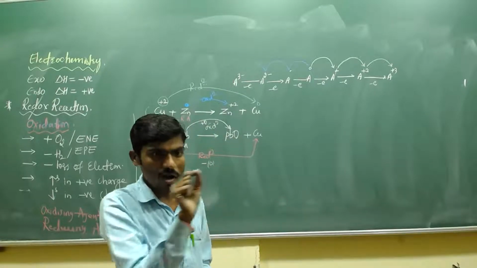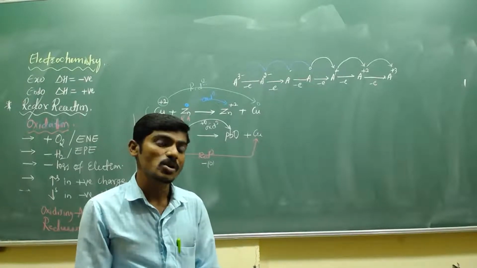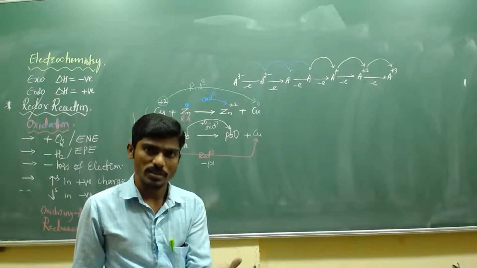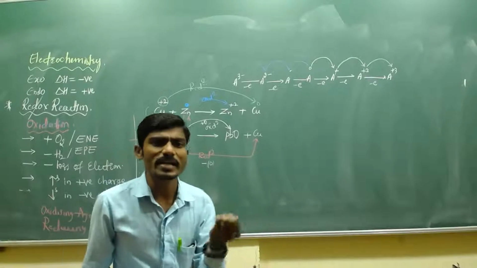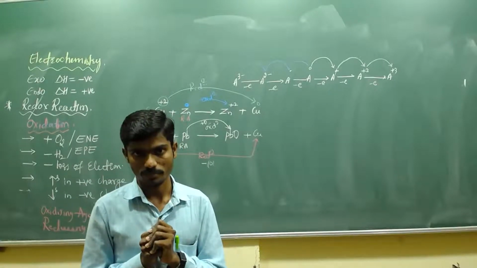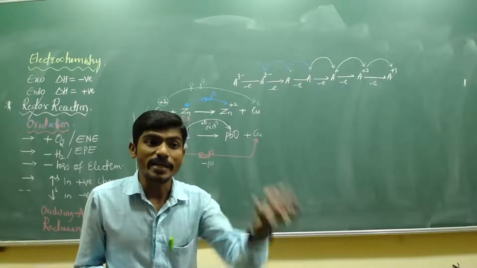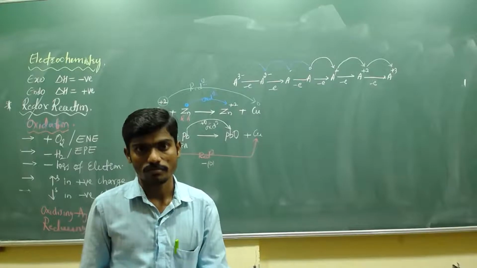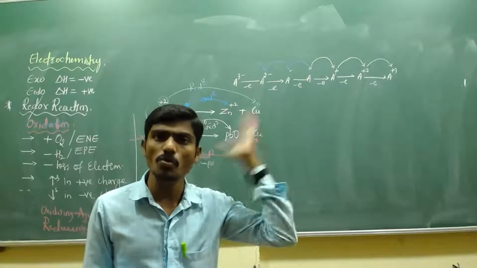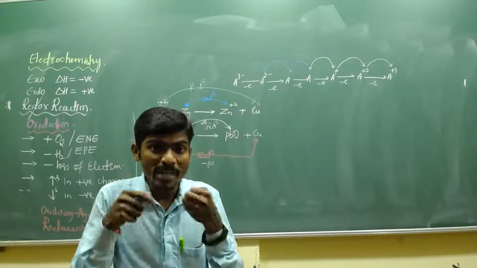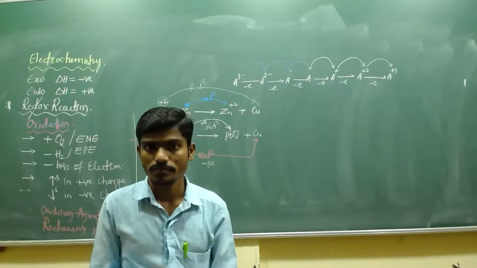Oxidizing power is nothing but the tendency to undergo reduction, because an oxidizing agent is one that undergoes reduction. If it has maximum tendency to undergo reduction, its oxidizing power is more. If it has minimum tendency to undergo oxidation, then its reducing power is less. Don't confuse.